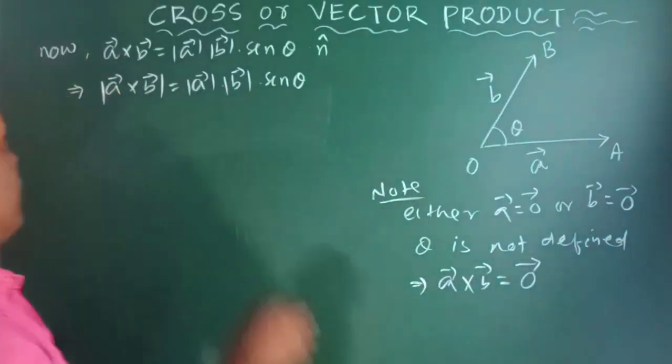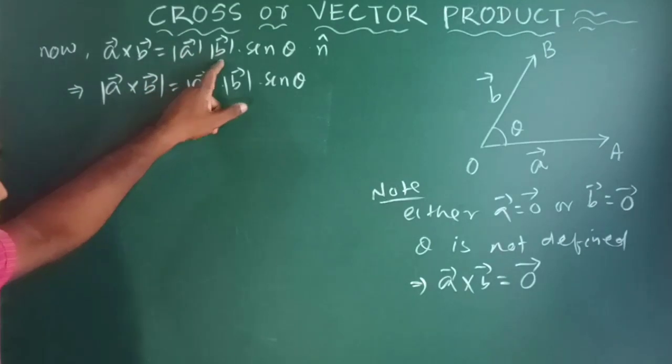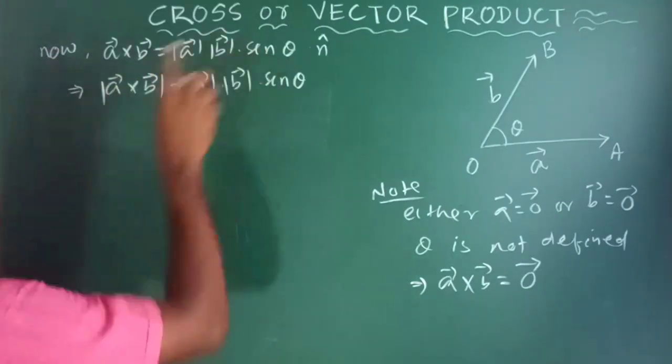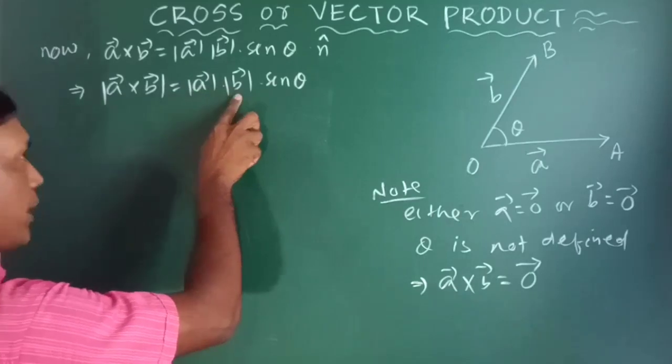So here A cross B is equal to magnitude of A into magnitude of B into sin theta n cap. The magnitude of A cross B is magnitude of A into magnitude of B into sin theta.